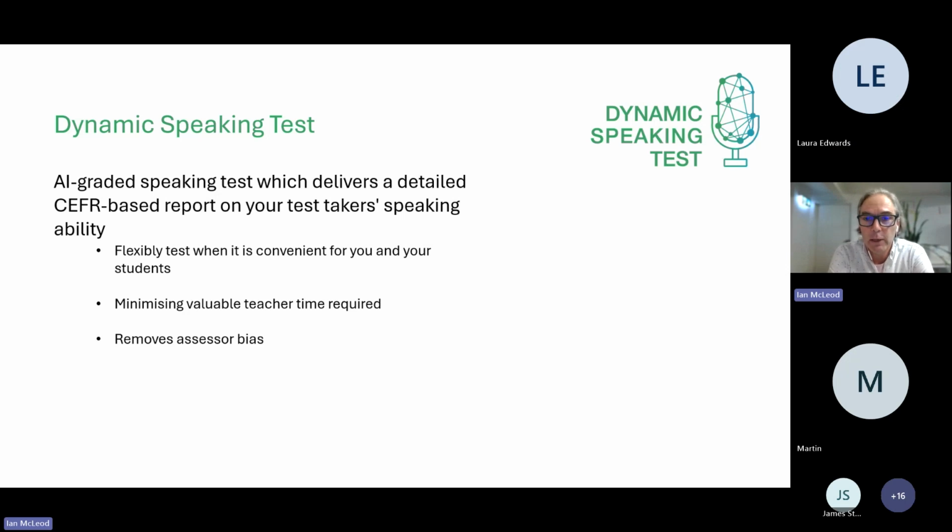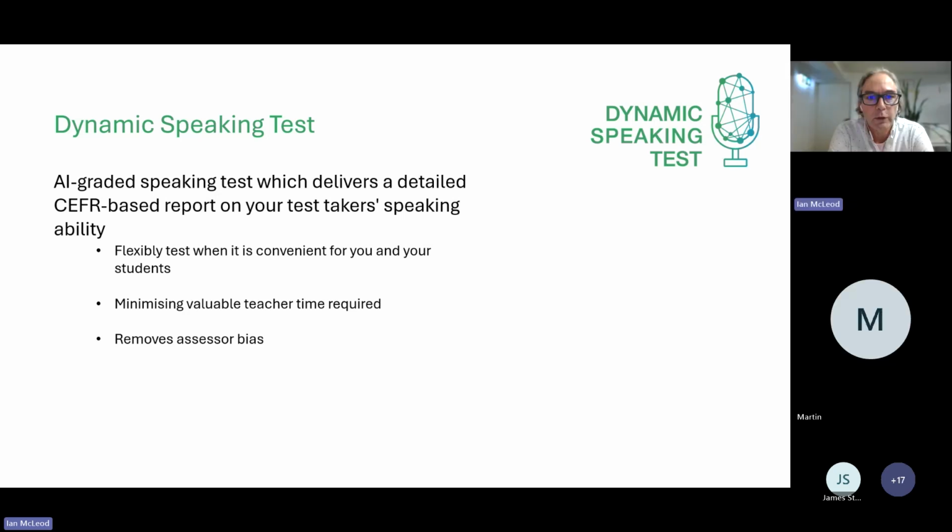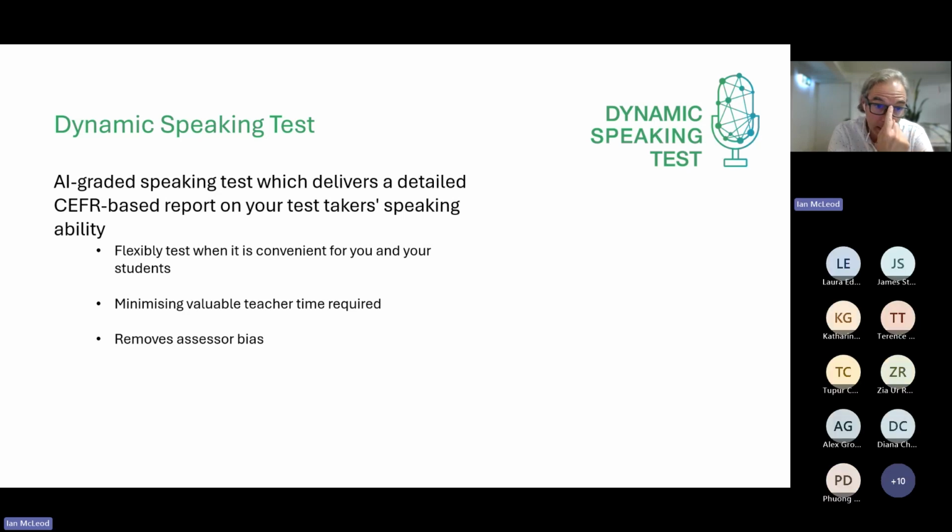For those of you who haven't had a chance to look at it closely to this point, as we discussed, it's an AI graded speaking test, and it delivers that detailed CEFR based report based on the student's ability. I imagine that many of you on this call today are conducting interviews for the purposes of testing a prospective student's speaking ability.